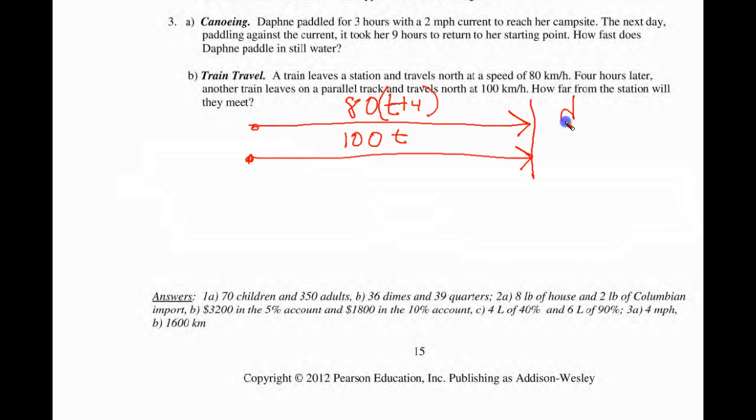Well, distance is the same. So we have 80 times t plus 4 equals 100t. Here we don't need two variables. So this is going to be 80t plus 320 equals 100t.